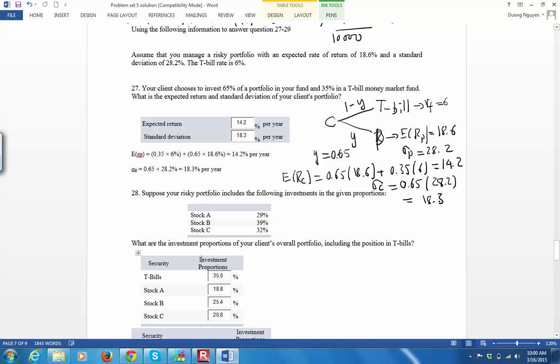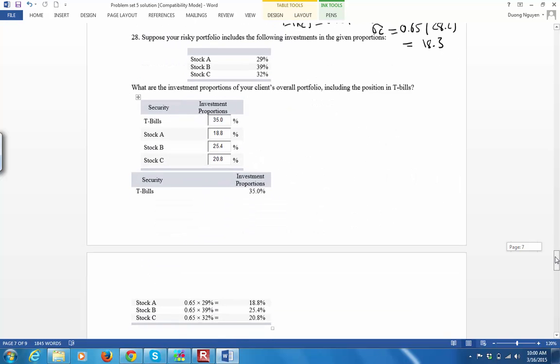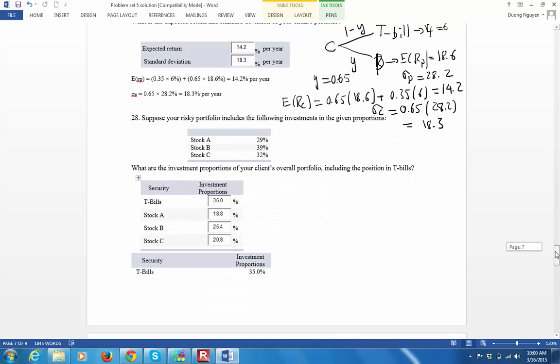Number 28, suppose your risky portfolio includes stocks A, B, C. What is the proportion of each in your overall portfolio? So your overall portfolio is the following.